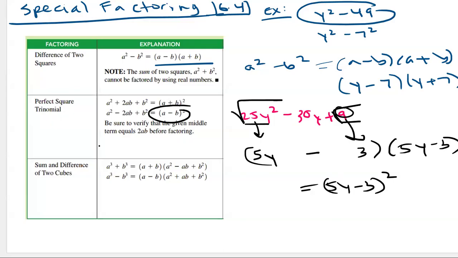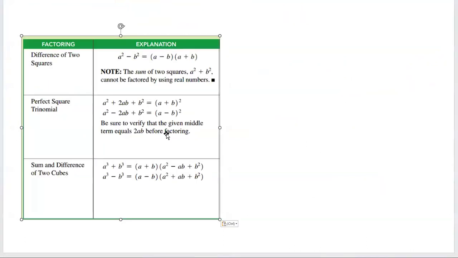All right, so the last one here is we're going to look at the sum and difference of two cubes. Okay, so one example, let me copy this here and put this in another slide.